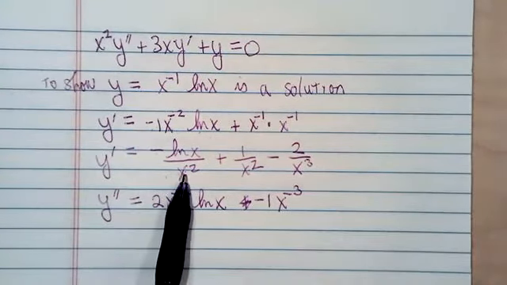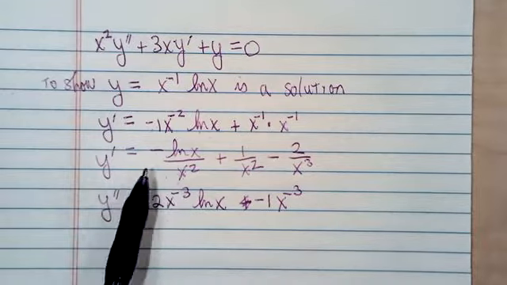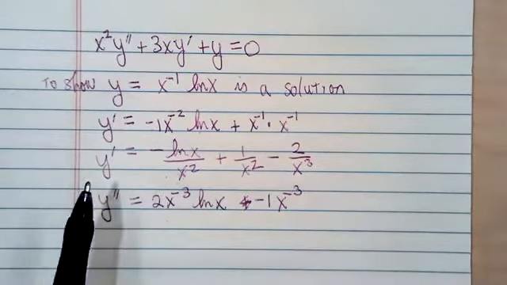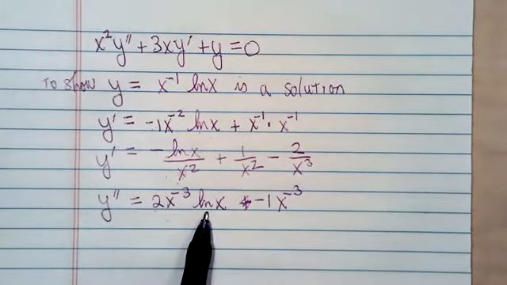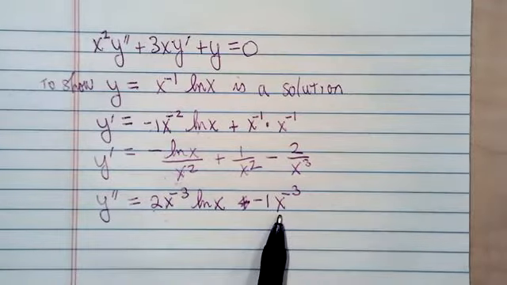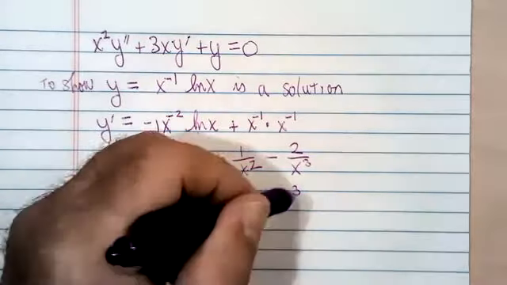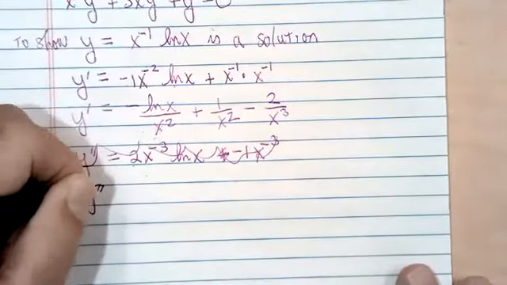I was taking the derivative of this thing right here. It's x to the minus 2 log x, so 2x to the minus 3 log x plus the derivative of minus x to the minus 2 is, how on earth did I get here? I have no idea.